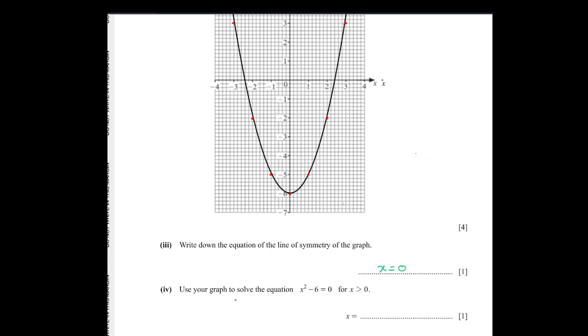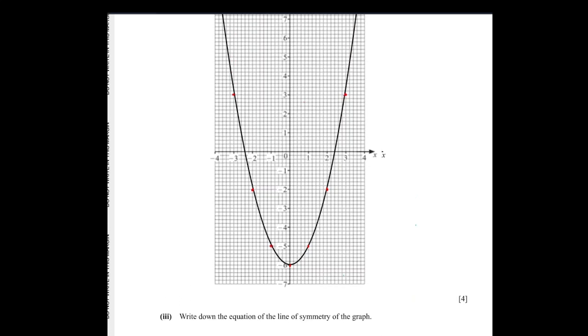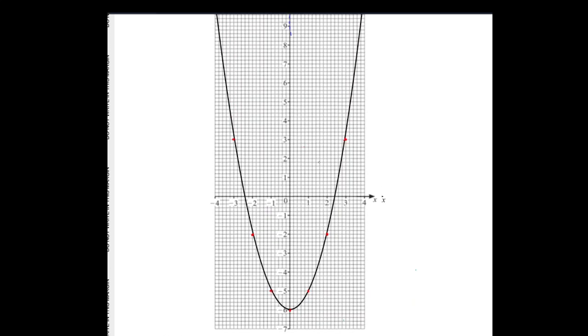Then use your graph to solve the equation x² - 6 = 0 for x greater than 0. Now x² - 6 = 0 means y is 0, so the line y = 0 is the x-axis. Now here on the x-axis, this graph is crossing at what?